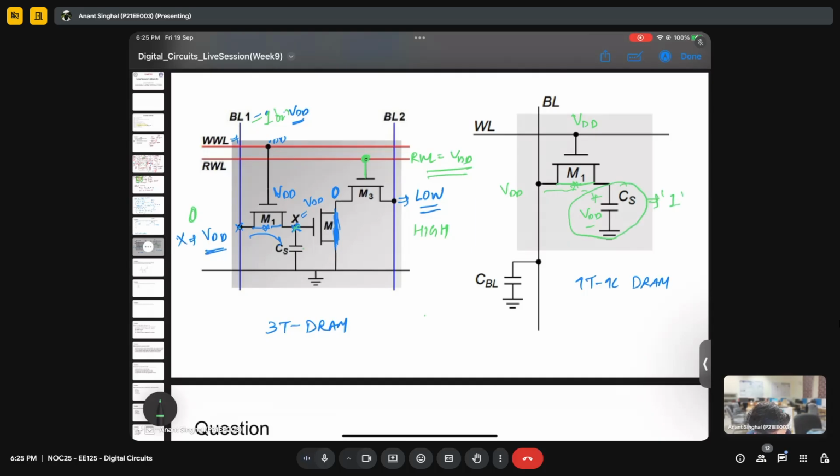So this is storing 1. Once you make it 0 again, since this capacitor is charged to VDD, it will get discharged back and this will be storing 0. Does it make sense? This is a very basic working of an actual DRAM.